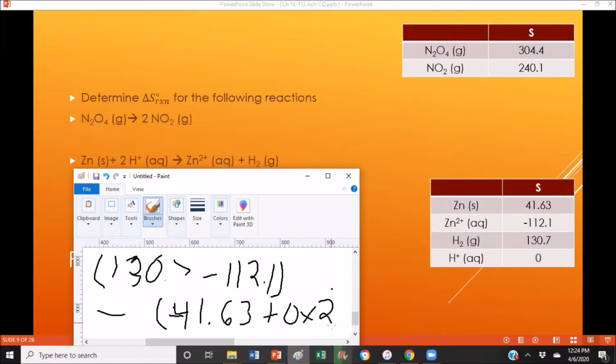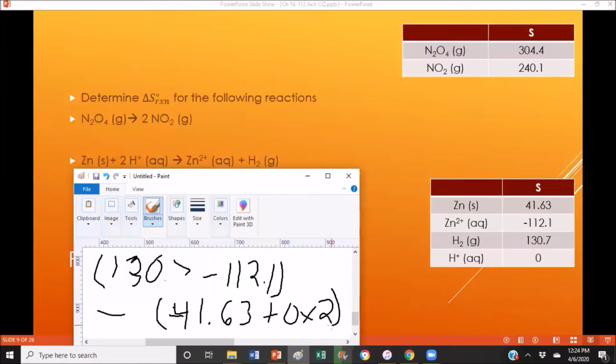Now you'd think, oh, hydrogen ions in water, wouldn't that be more random? Zinc dissolved in water, wouldn't that be more random? Well, it turns out no, because water would normally be floating around in a certain way, and when you put an ion into water, it's actually going to decrease the randomness as the water has to hydrate it.